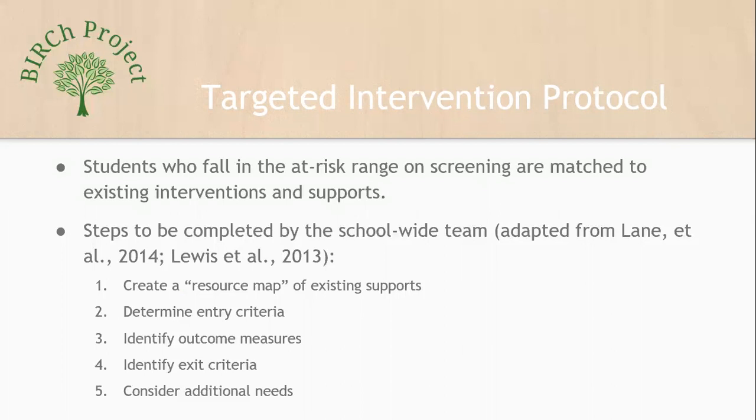Then we can identify the entry criteria necessary for students to access these targeted supports. We can identify the outcome measures necessary to monitor their progress. We can identify the criteria necessary for these students to exit this targeted intervention. And also, we should pay attention to considering additional needs. And I will cover these in subsequent slides.